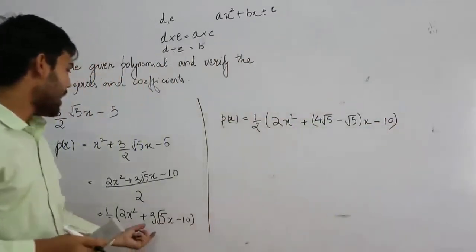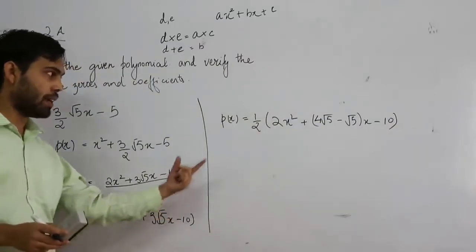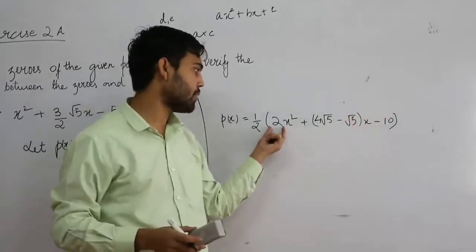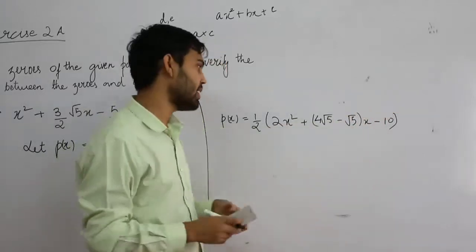So what I have done is replaced 3 root 5 by 4 root 5 minus root 5. And how I got this? By factorizing the product of the coefficient of x squared and the constant term.